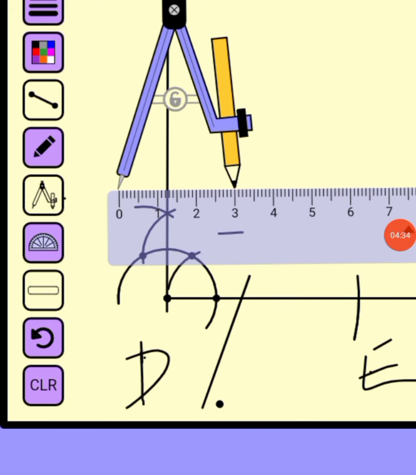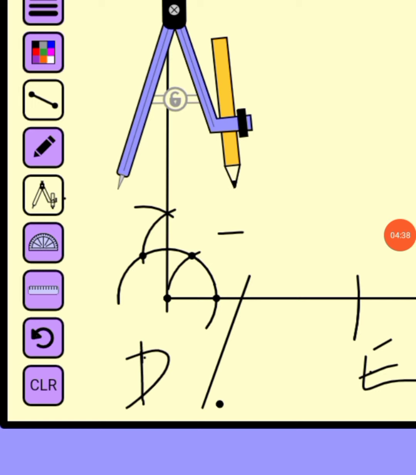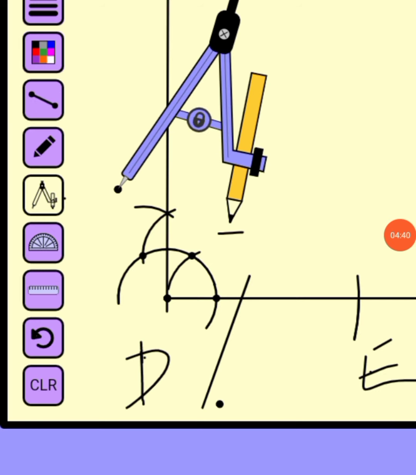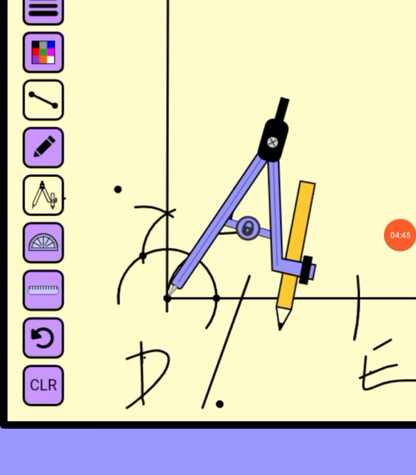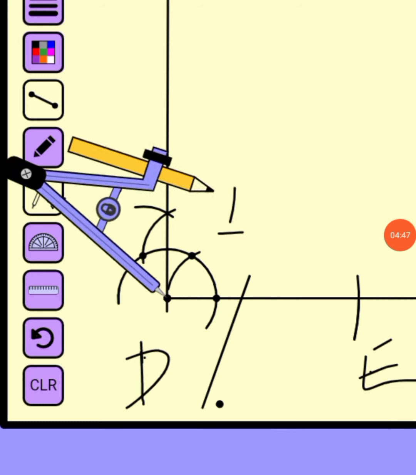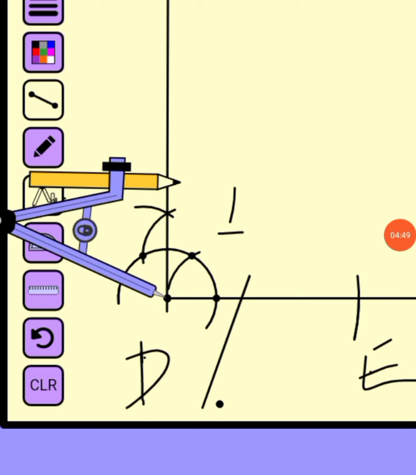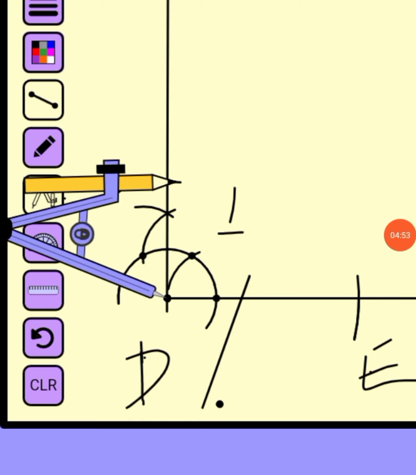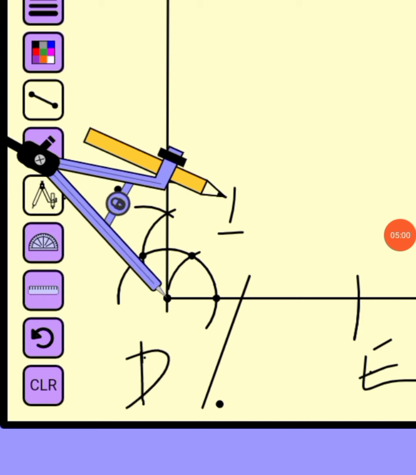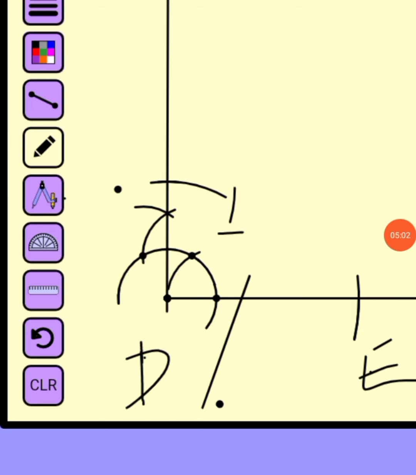Then I will bring the compass to this point and cut an arc. Once I cut the arc, this particular point is F. So now I will join E and F.